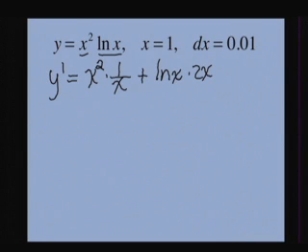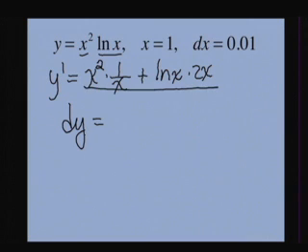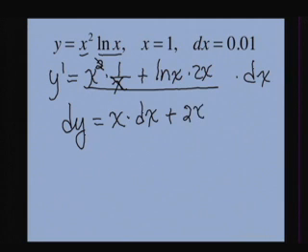According to the formula that we just looked at, dy is equal to the derivative times dx. So what I would have is x, of course we can simplify that, times dx, plus, and I'm going to rearrange these so there's no confusion, 2x times log x times dx.